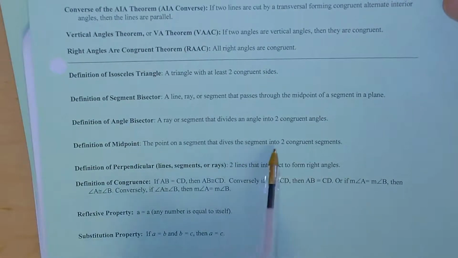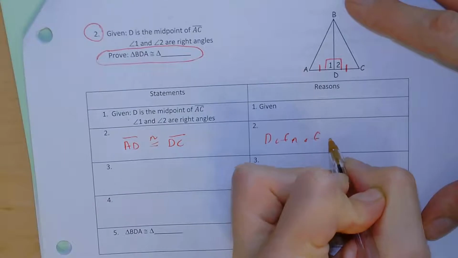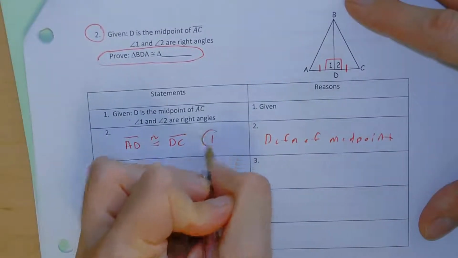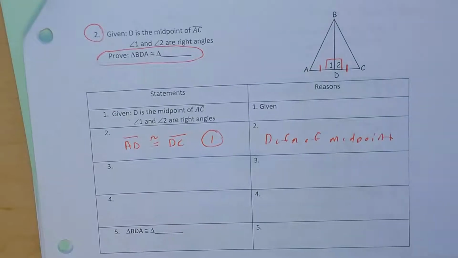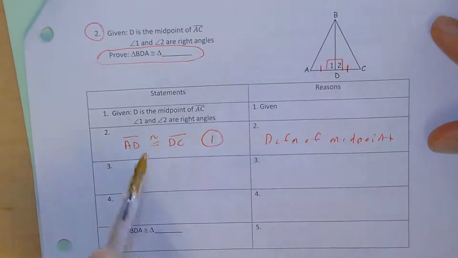It's a point that creates 2 congruent segments. So we say that's the definition of midpoint. What we're going to do with that is label that trimester 1. We've had the first 3 months. The lady already has a set of congruencies, so she's done with that. And we've marked it in the picture.